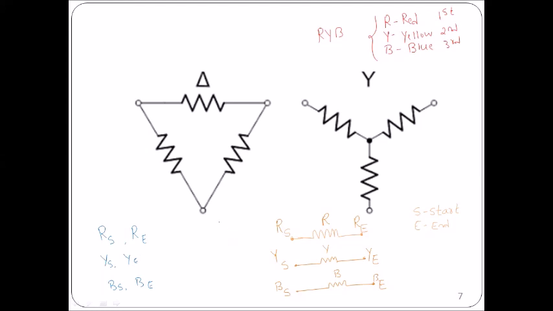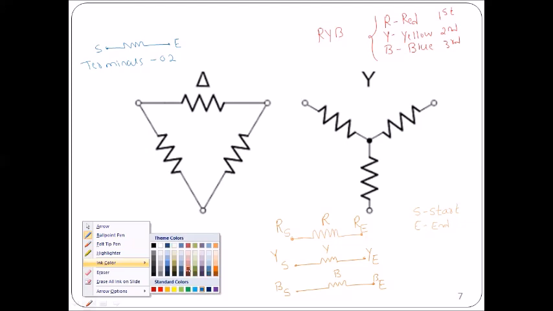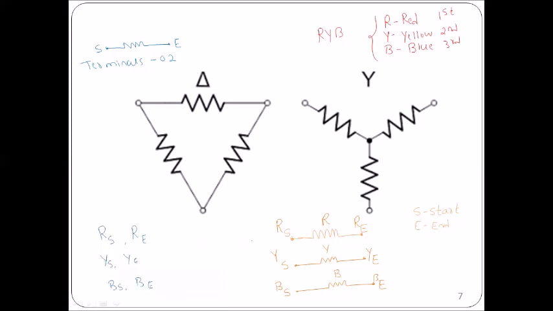Okay. Now we know that whenever we have only one resistor like this, with a starting point and end point, how many terminals do we have here? We have a total of two terminals: one is the starting terminal, another one is the end terminal. But in the case of three phase, we have three resistors as given over here.